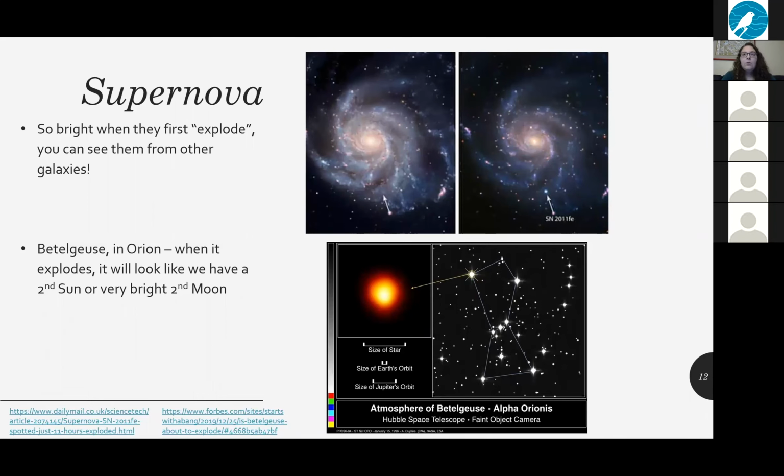Depending on where it is in the sky, like if Betelgeuse appeared to be on the opposite side of the sky as the moon, I imagine these animals would be very confused. Although, if I understand correctly, these animals don't say, oh, that's the moon. They just see, hey, bright light, let's follow it.